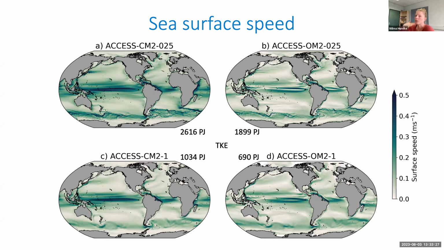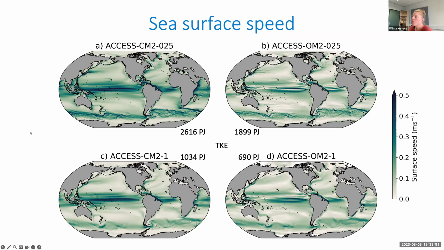When you go from the lower resolution to the higher resolution, you can see more of the details are captured. So especially in the Southern Ocean, there are lots of eddies, and then these western boundary currents. And that's similar in the coupled model. When you increase the resolution, we can capture more of these details.